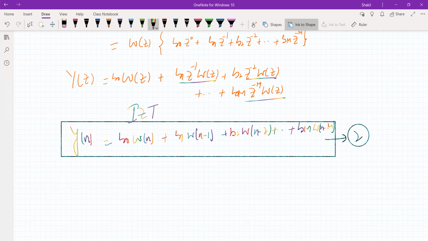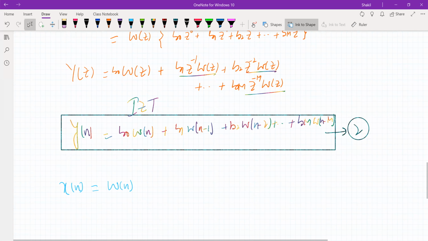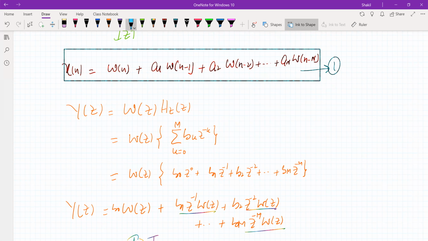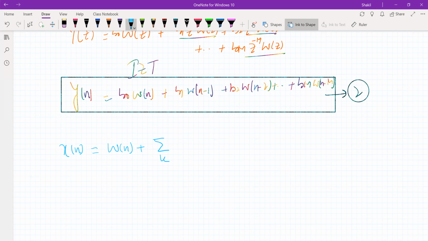Let me write these two equations in the concise form. So w of n is equal to x of n minus summation k running from 1 to N, a k w of n minus k.